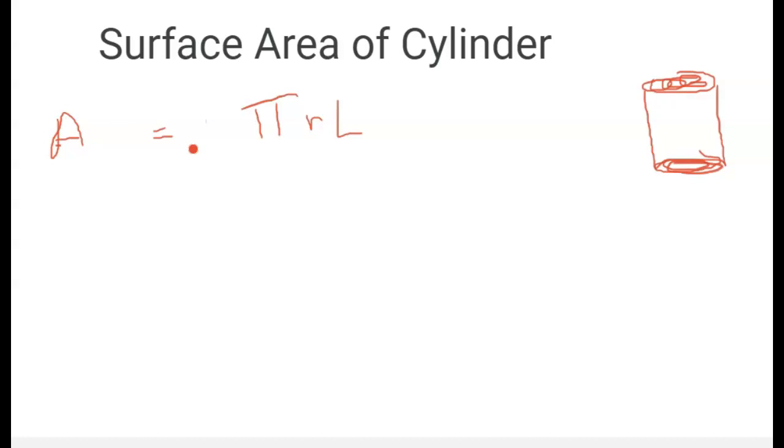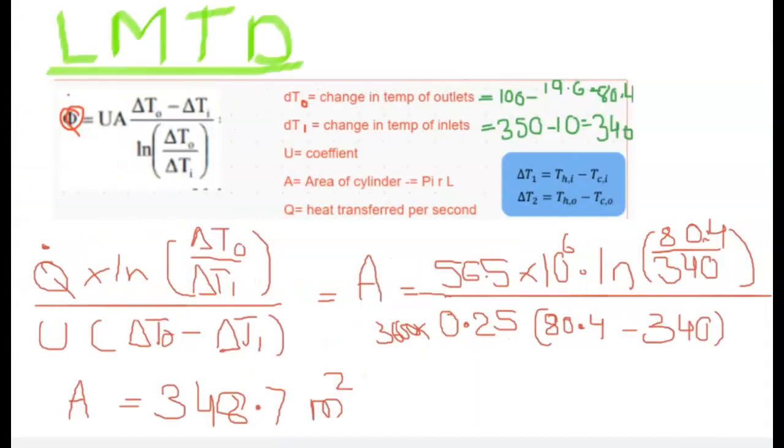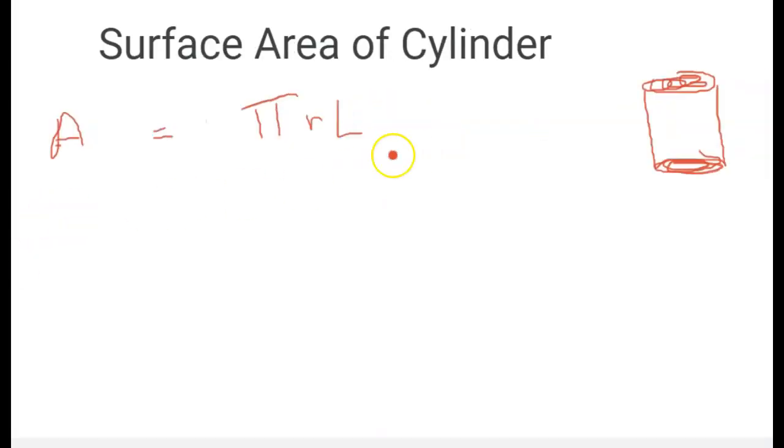I'm not taking the top and the bottom because there is no surface to touch. So 2 pi r square will disappear. Now I got the surface area as 348 and I need the length. If I want to find the length, length is equal to area divided by pi r.